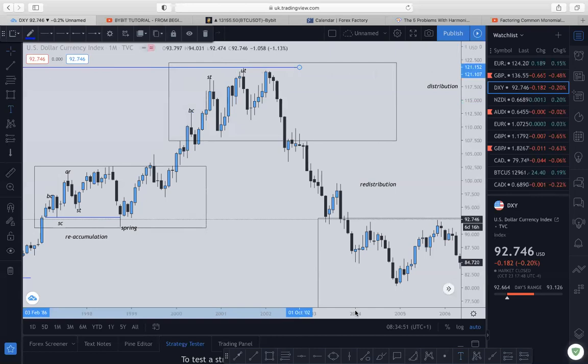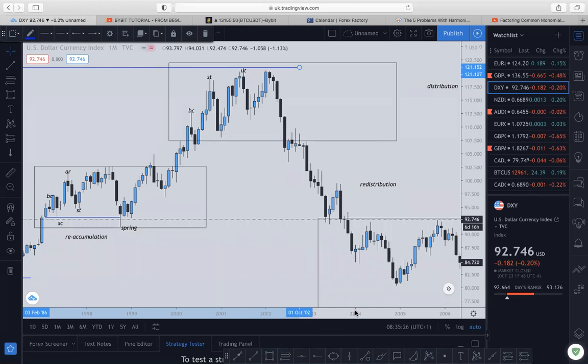Somebody will be asking, Francis, you said UTAD, but why have you written a UT? I want everybody here to pay attention and understand that in distribution, we have two different kinds of distribution. We have a distribution schematic 1 and we have a distribution schematic 2. I have explained fully on our last Zoom that we had on distribution. In schematic 1, there has to be a UTAD formation before price drops.